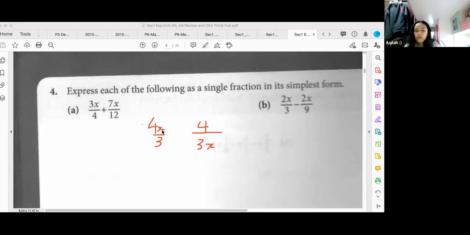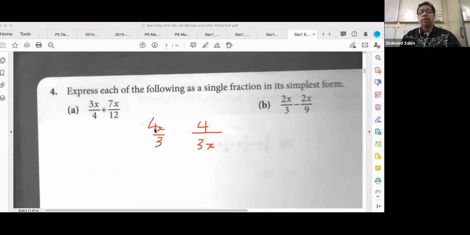Because if this is 3, 4 times 3 is 12. 12 divided by 3 is 4. If this is 3, 3 times 3 is 9. 4 divided by 9 is different from 4. So this is different. But these two are the same. When you put the x in between here, it means on top. Two ways of writing it. Okay? Okay, we move on now.